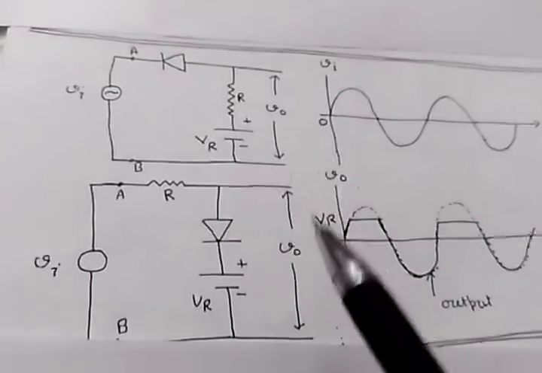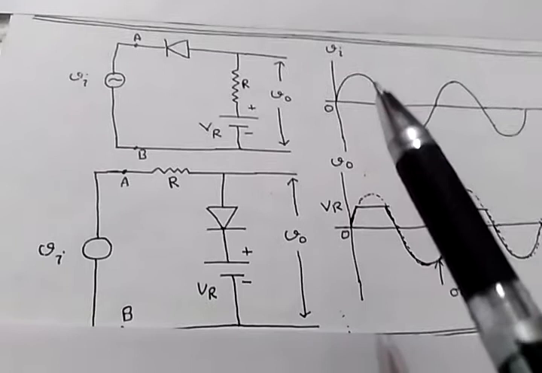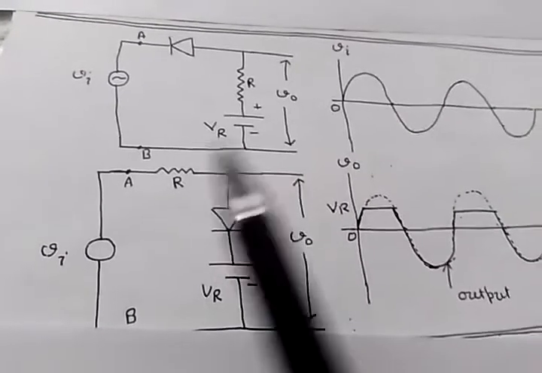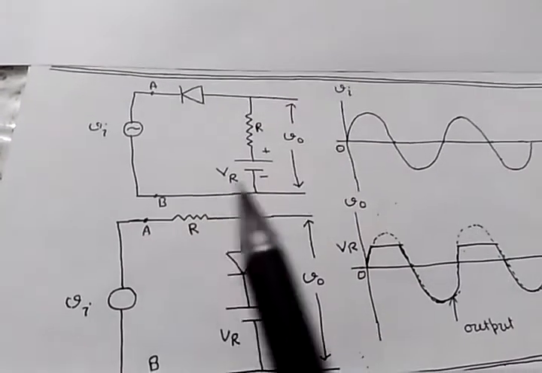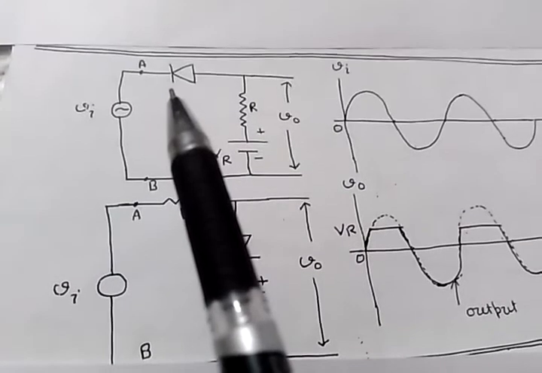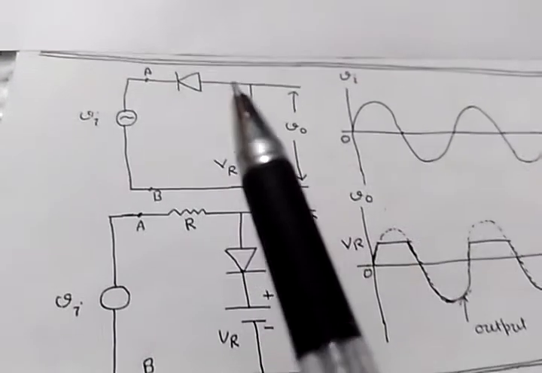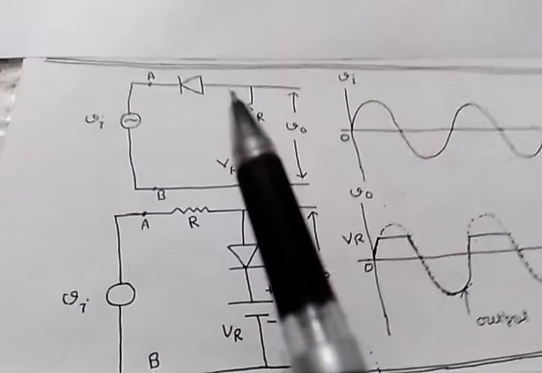Now consider the same positive half cycle, but for Vi greater than reference voltage VR. When Vi is greater than reference voltage VR, in this case N region will be at higher voltage level than P region.